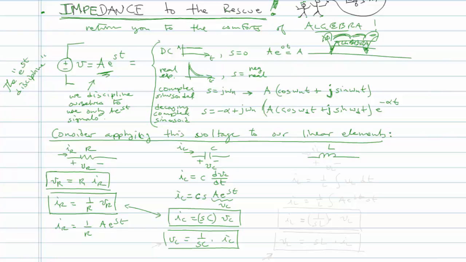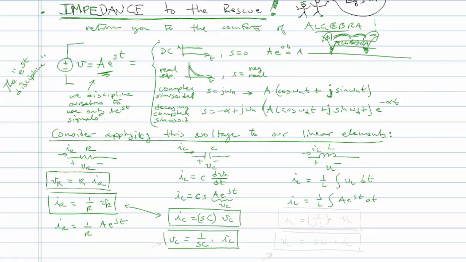All right, now let's do this for the inductor. Here we have the inductor current, sorry, is equal to 1 over L integral of the inductor voltage. And so we write IL is equal to 1 over L integral of A e to the st, right?